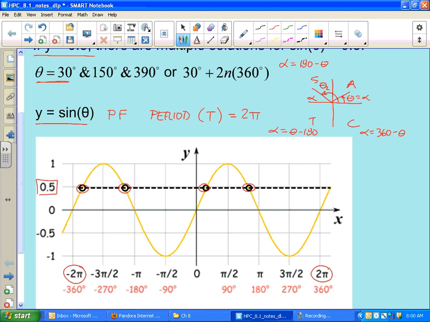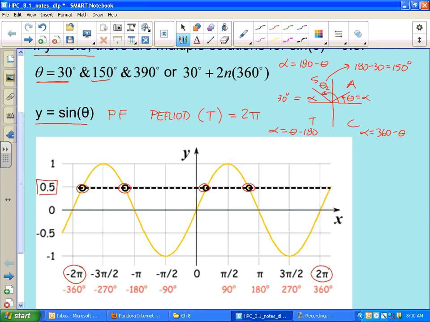Well, we can use each of those equations to solve for theta instead of alpha. And if we knew our reference angle was already 30 degrees, then theta 2 would be 180 minus 30, or 150 degrees. And that's where that answer is coming from.